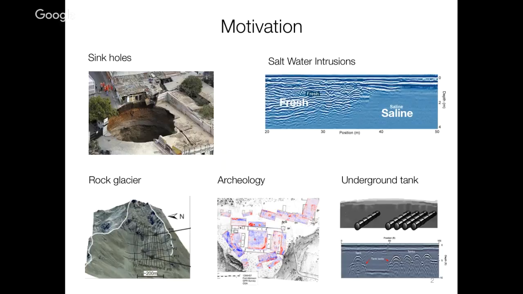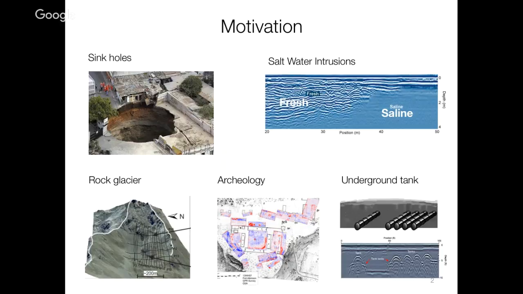So what's the motivation for GPR? Basically, it's smaller scale structures in general. Maybe sinkholes, saltwater intrusions, it has been used. Here's a big application: engineering types of problems, looking for buried tanks, looking for buried wires, anything that's metallic.